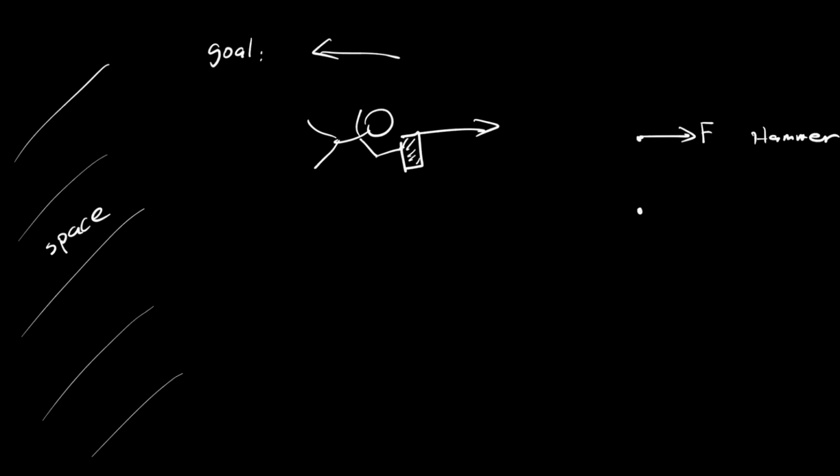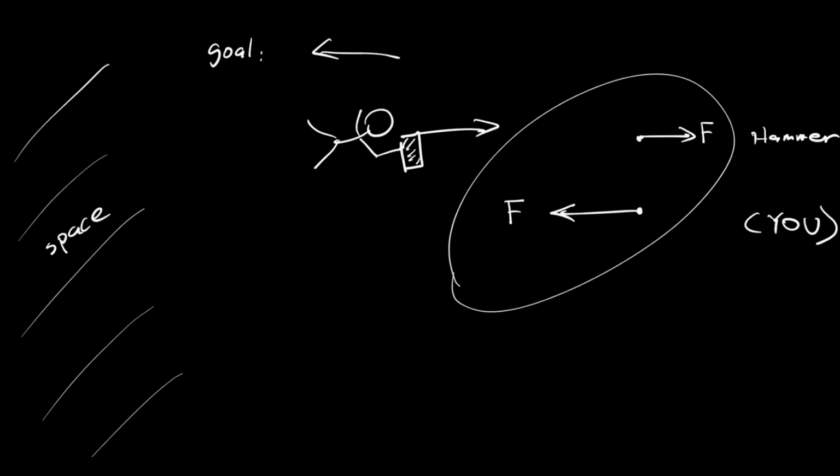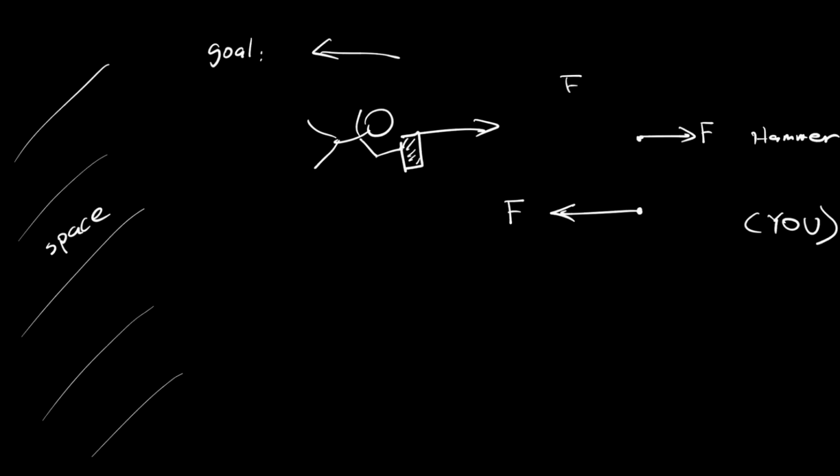And guess what? By Newton's third law, since there is no friction, remember, here is the FBD on you. Notice how I'm drawing separate FBDs. So you will feel an equal and opposite force to the left.